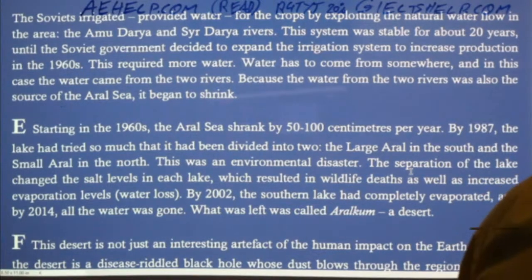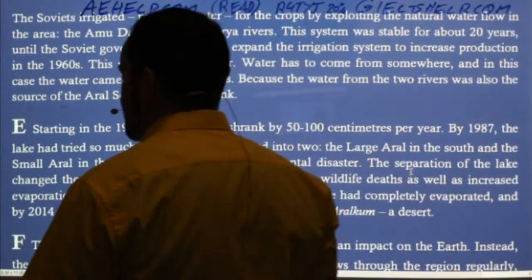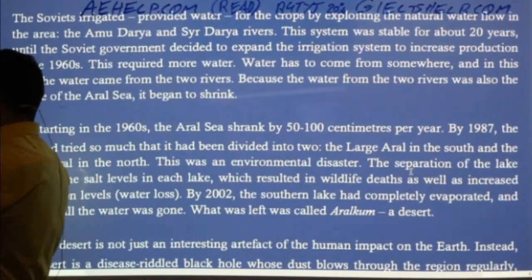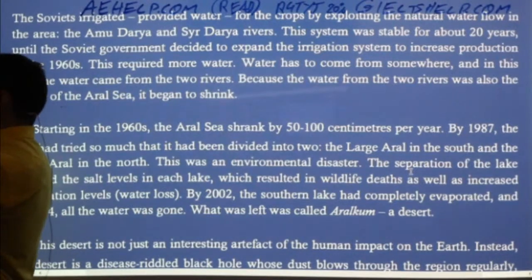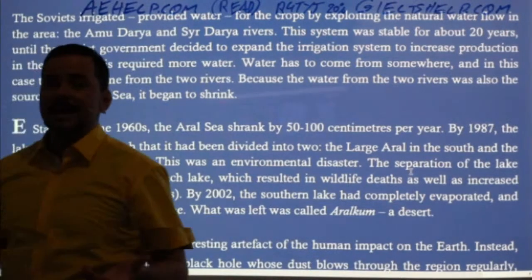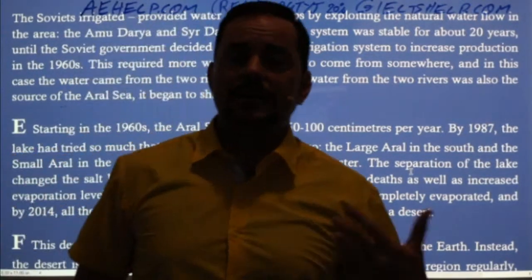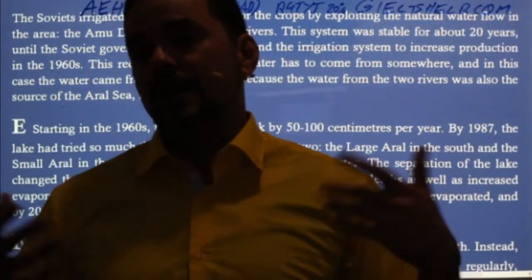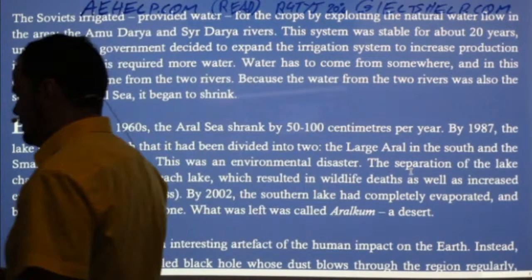So what we're doing here is we're keeping a mental catalog of the information. Oftentimes students complain that they read the passage, they understand the words, they understand the information, and then they forget when they get to the questions, right? Does that happen to you?